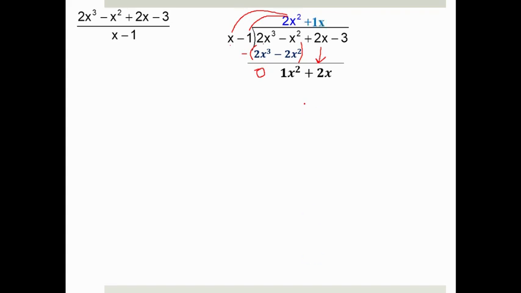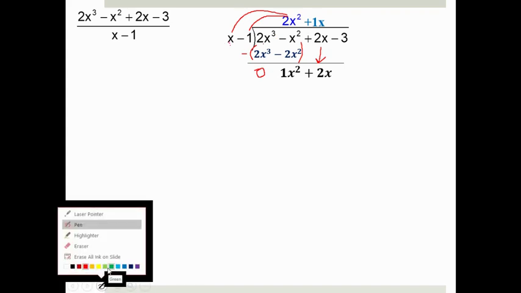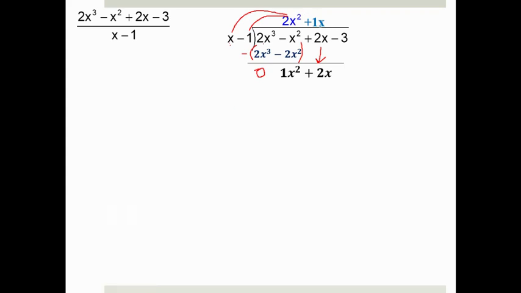And that cycle is going to repeat because we're going to go x into 1x squared. That is going to be going into it 1x times. And so then 1x is going to get multiplied by what I have so far, and in front, x negative 1. And that gives me my next two answers of 1x squared and negative 1x.